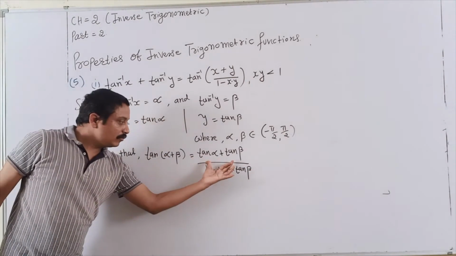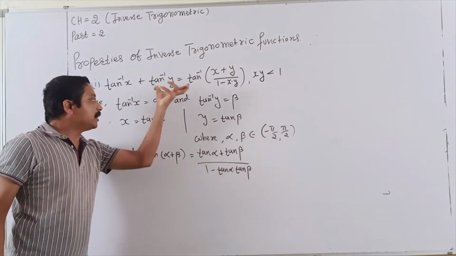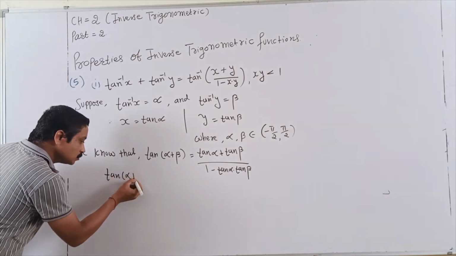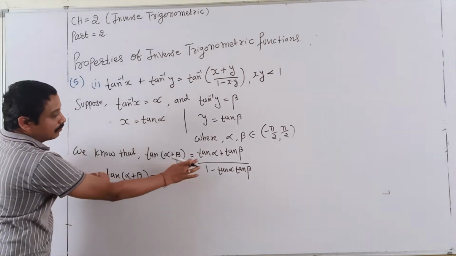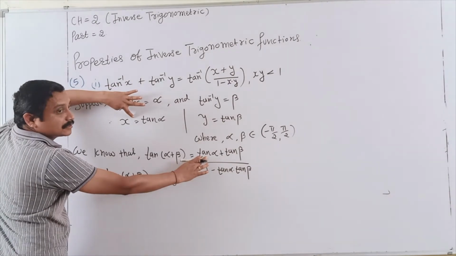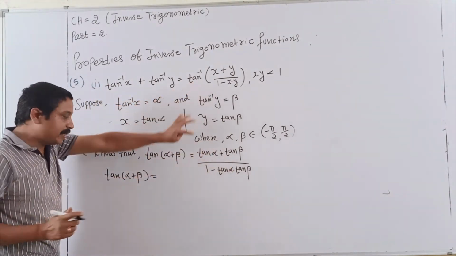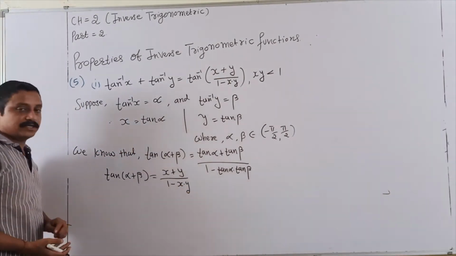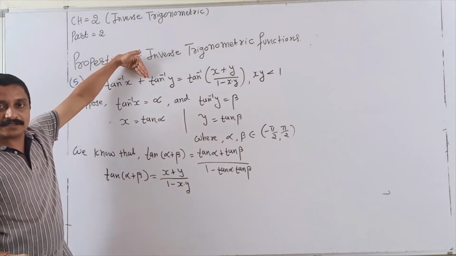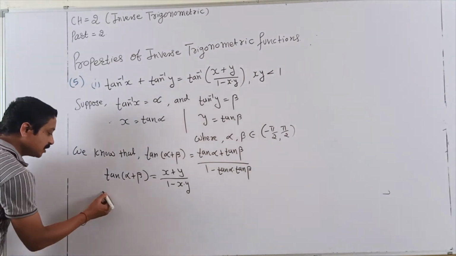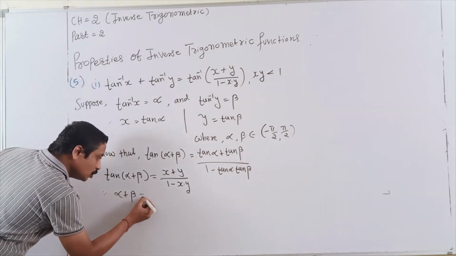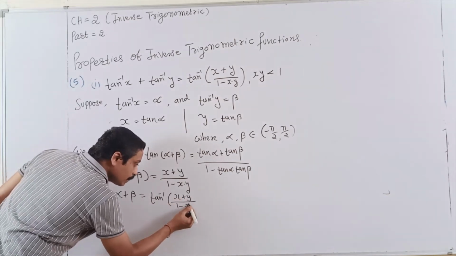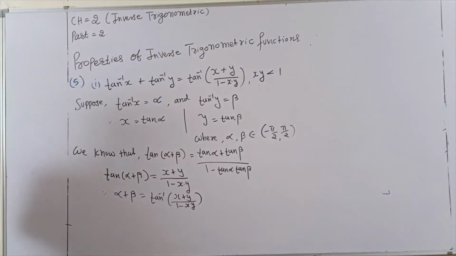Students, just apply these values. Tan alpha is clearly known here as x, and tan beta is also clearly known as y. So tan of alpha plus beta is x plus y upon 1 minus xy, and the property is finished. Just taking the inverse function on both sides, it is tan inverse of x plus y upon 1 minus xy.